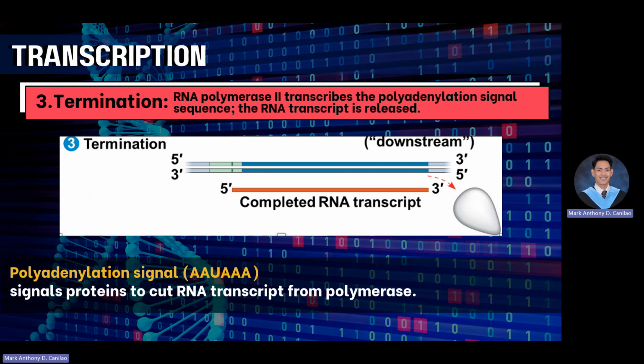The RNA polymerase will be detached at the termination part, and the RNA transcript will also be detached from the complex that we formed in the initiation phase. So at the end of transcription, we have manufactured a complete RNA transcript.